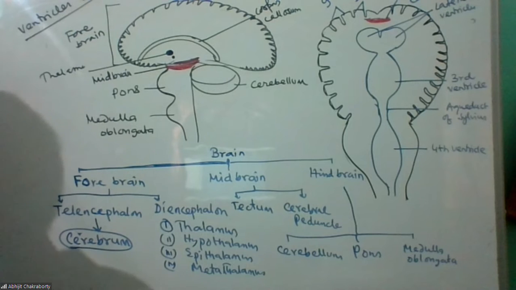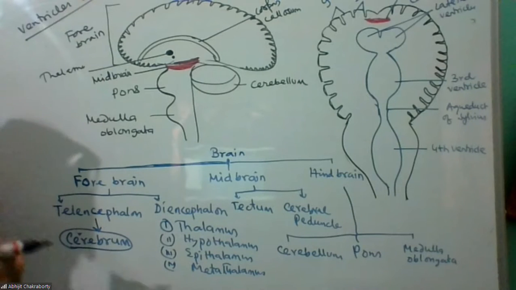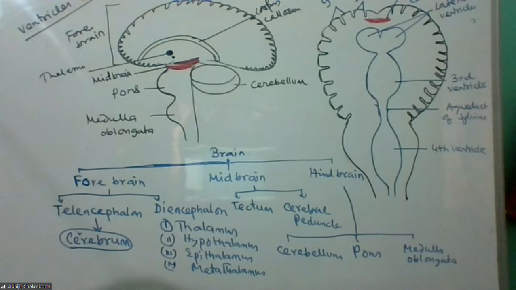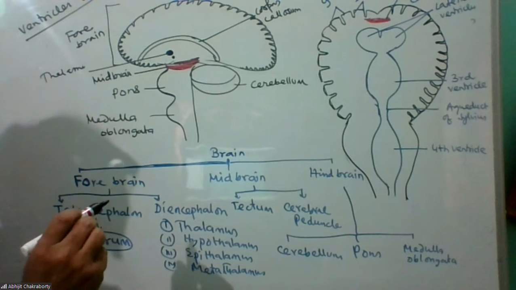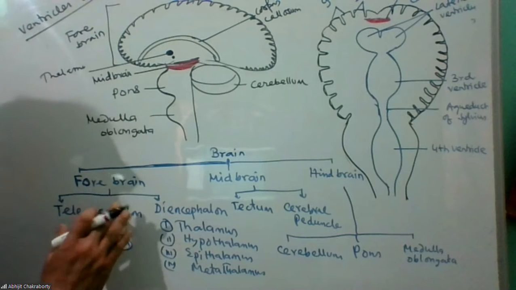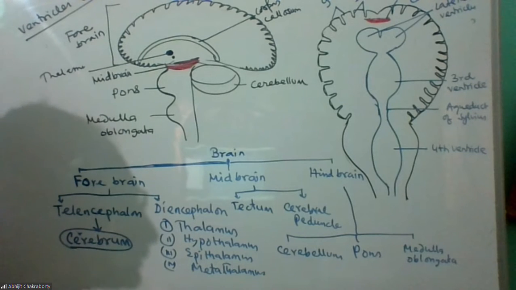Ventricles of brain include, first of all, right and left lateral ventricles. Is it okay? Completed? Copy it. Is it copied already?